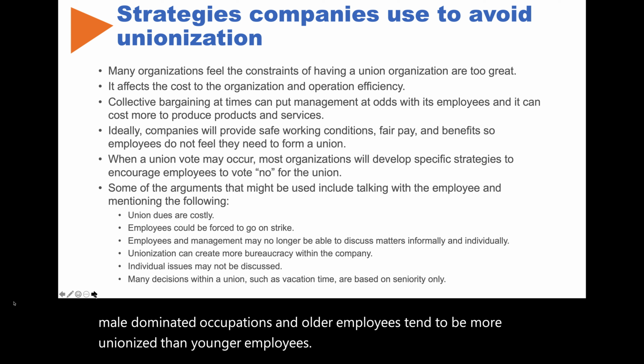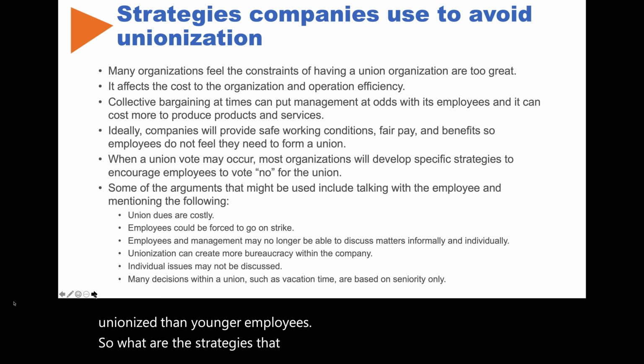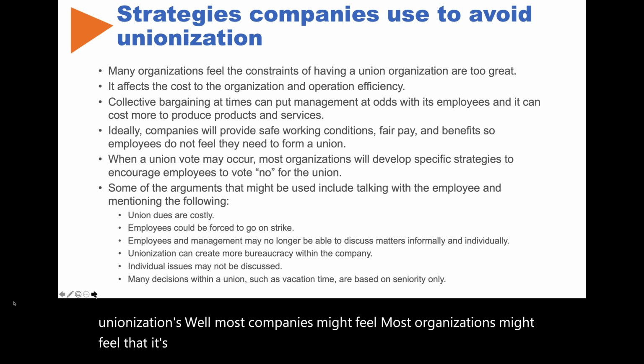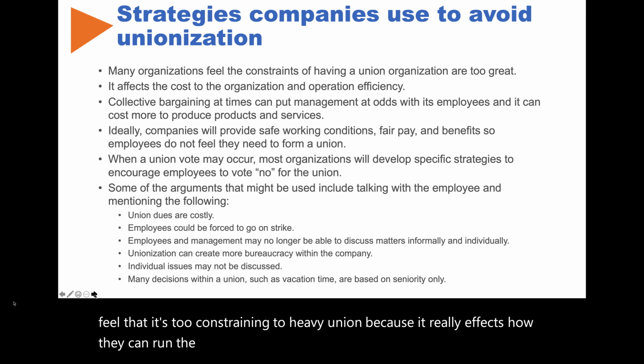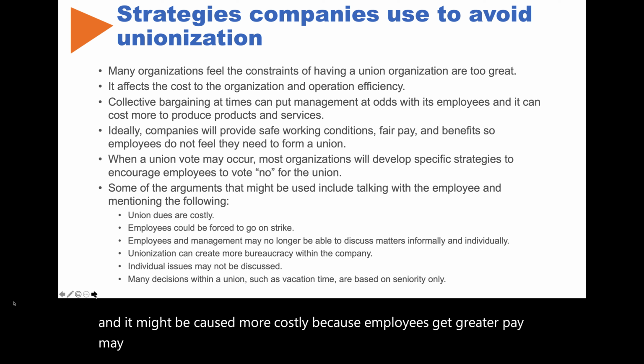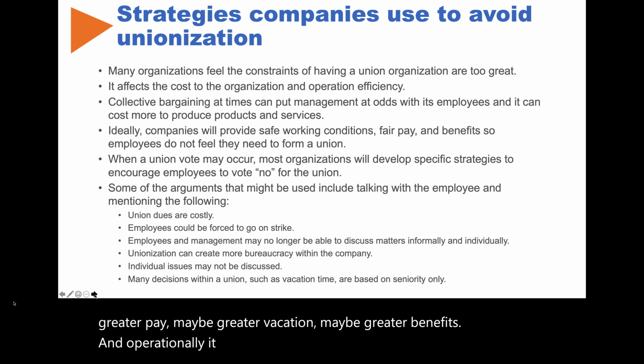So, what are the strategies that companies use sometimes to avoid unionizations? Well, most organizations might feel that it's too constraining to have a union because it really affects how they can run the organization. So it might have a cost to the organization, and it might be more costly because employees get greater pay, maybe greater vacation, maybe greater benefits, and operationally it might not be as efficient.